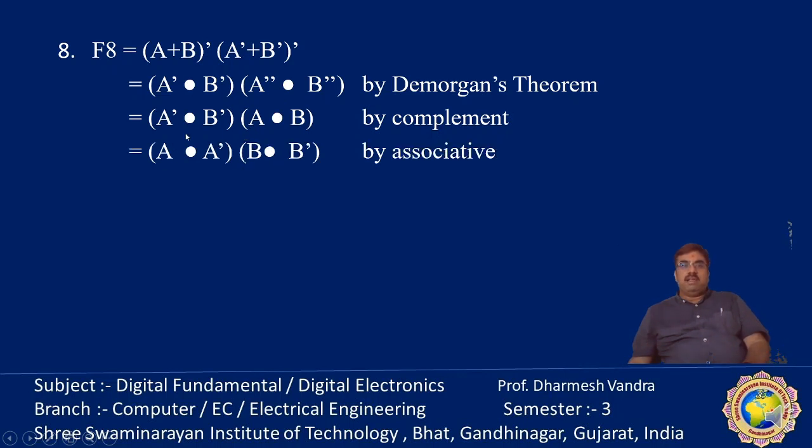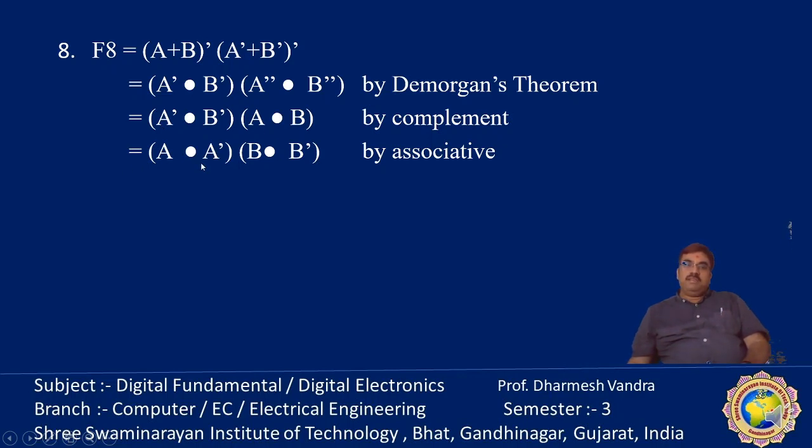Okay. Now what happened? A dash, B dash are all here, and the AND operator is also there. So just by the commutative law, x dot y is equal to y dot x, what I will do is A ANDed with A dash, B ANDed with B dash.